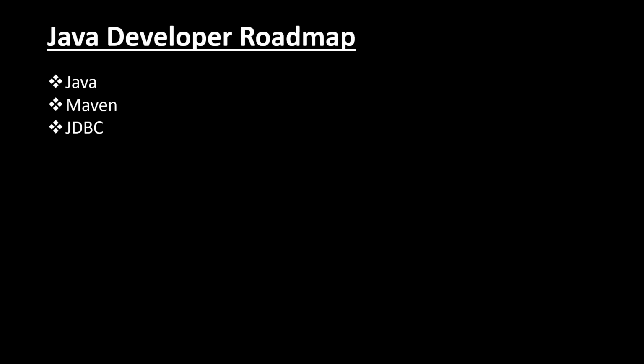Although you are not going to use JDBC directly in your applications, and instead you will be taking help of Hibernate, in order to get the in-depth knowledge, you need to go with JDBC also. Then comes Hibernate. In this Hibernate playlist, I have shown you all about the mappings, the various kinds of inheritance, the entity manager factory, and the session. All these things have been explained in this Hibernate playlist.